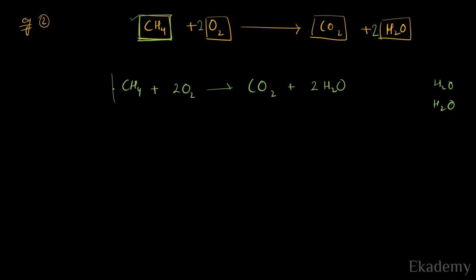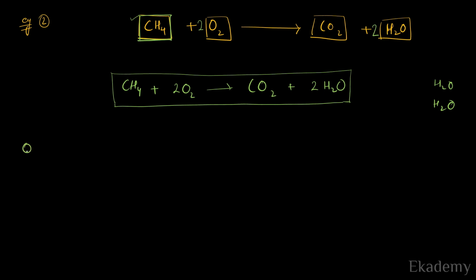Now, this is the balanced chemical equation. Using this logic, you try balancing. This is for you, some questions. Balancing question. Balance K2CrO4, this is potassium chromate, with barium nitrate, Ba(NO3)2.